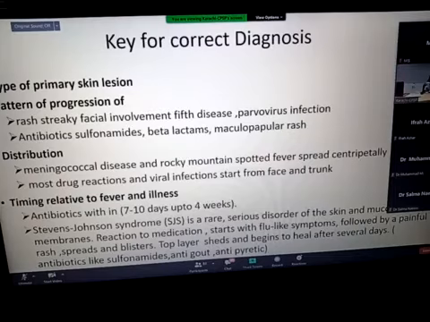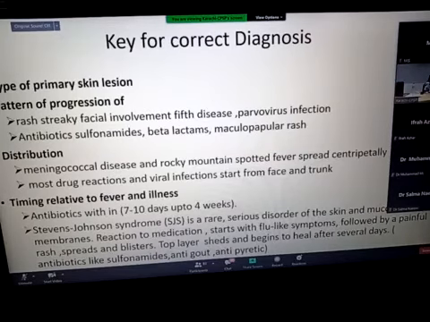There is streaky facial involvement of the patient. Furthermore, there may be a rash on account of the use of antibiotics like beta-lactam agents or sulfonamides, leading to maculopapular rash. So a good history can help you in diagnosing the right cause.